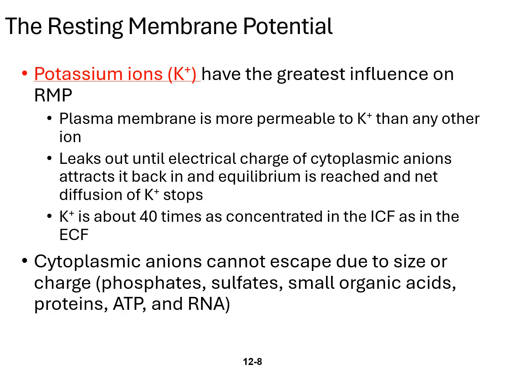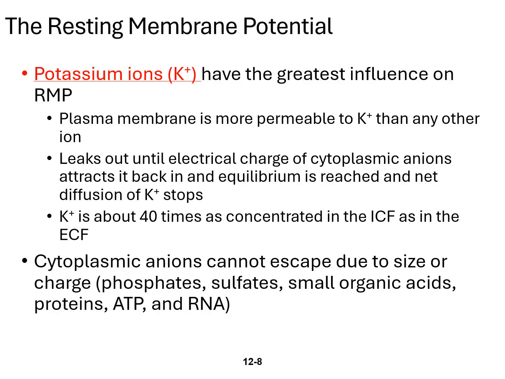So potassium can flow in or out. What we're going to do, we're going to figure out right now if it's flowing in or if it's flowing out. It's going to leak out of the cell until the electrical charge of cytoplasmic anions attract it back in. An equilibrium is reached, and then potassium stops.